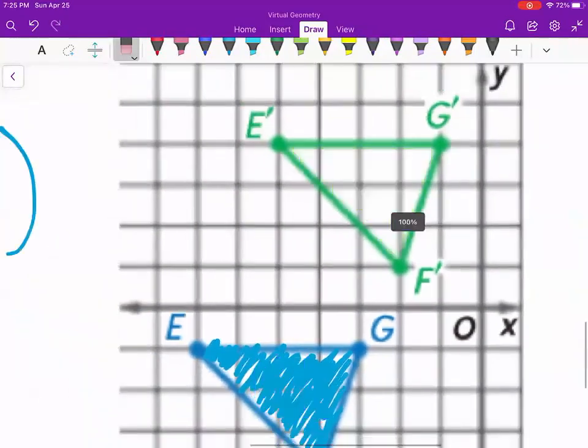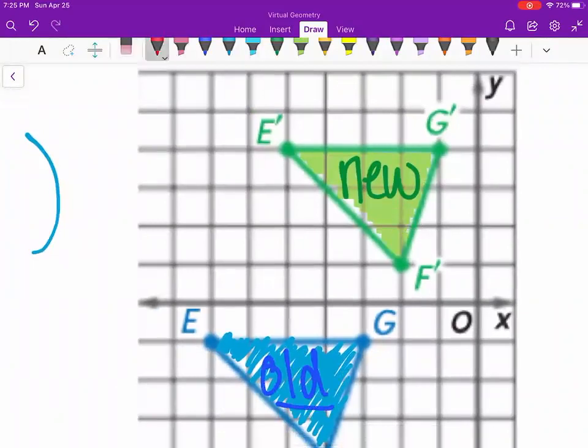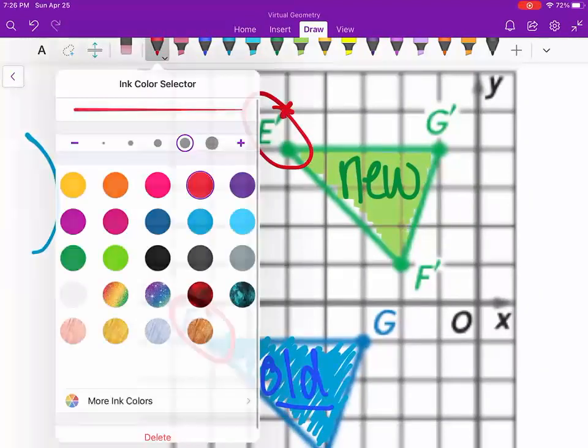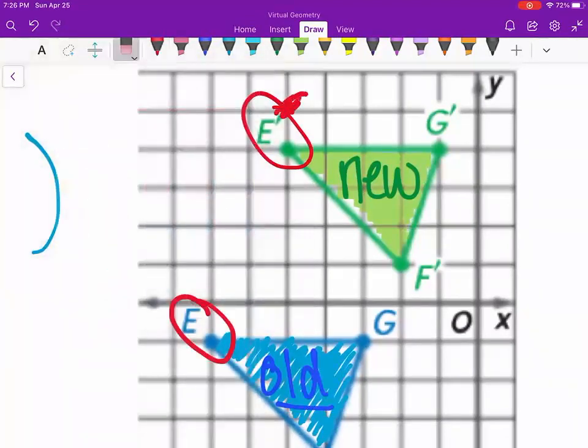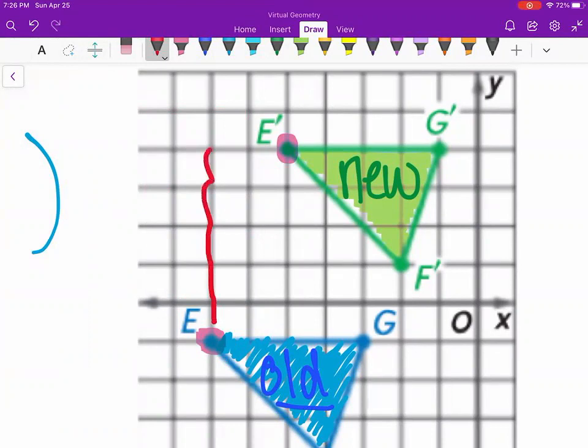How far did we go here? Let's start with E, just because it's the easiest one to find real quick. So there is E and E prime. It doesn't matter which direction you start with first. If you want to go up or down first and then left or right, either way is fine as long as you get the right distance. So we're going from E to E prime. So we can go up 1, 2, 3, 4, 5.